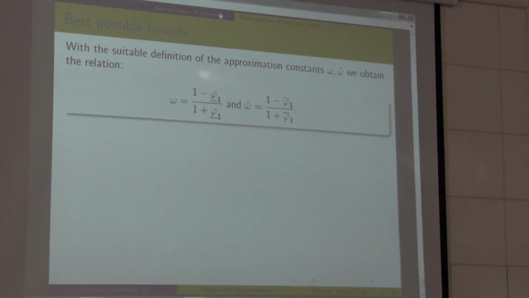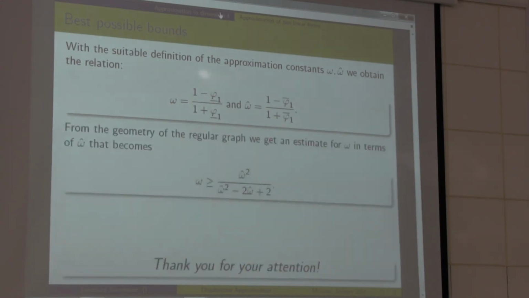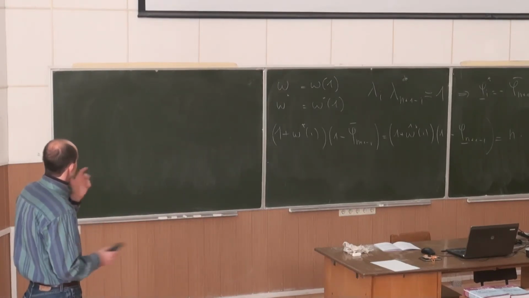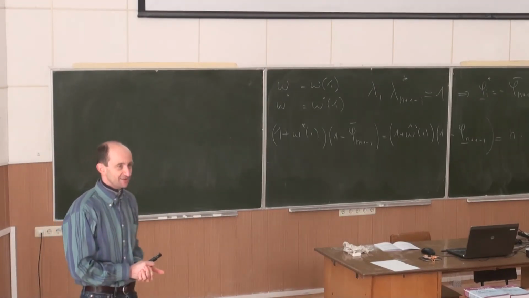It just remains to check what comes out if we play the same game again. We get an estimate. Now I have written it in terms of omega greater than some function of omega hat. You could divide by omega hat again to get something in the same flavor as before. That, I think, is it. Thank you.